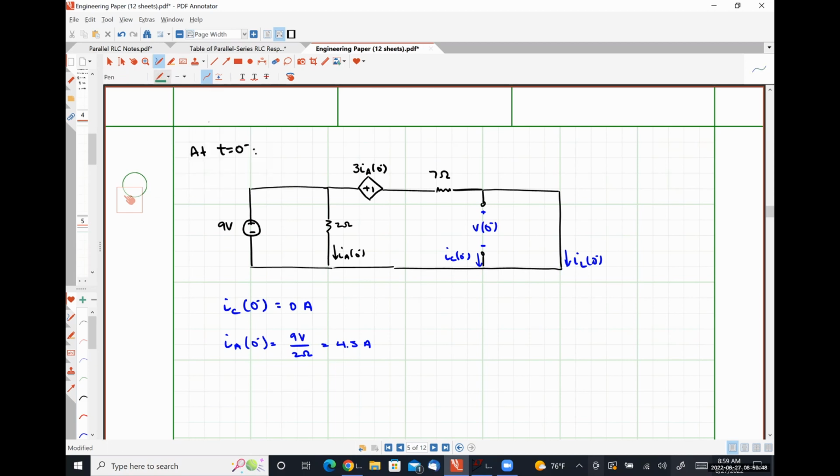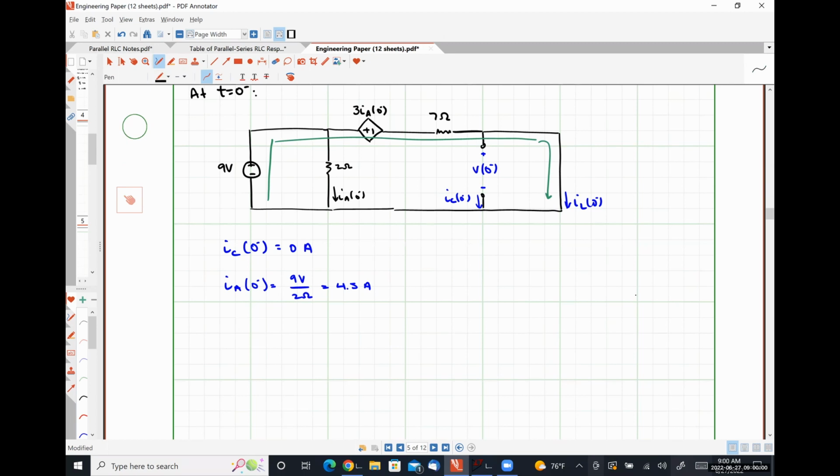Okay, so applying Kirchhoff's voltage law around this loop I've outlined in green here, we're going to have negative 9 volts plus 3 IA. This is 3 volts per amp. Plus 7 ohms times IL at 0 minus equal to 0.